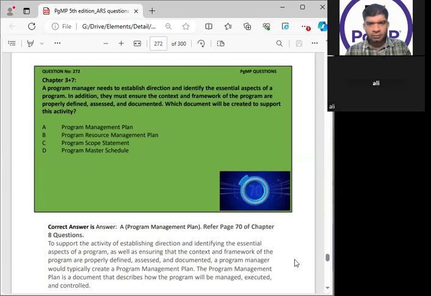These two words are the main focus to establish that the program management plan is the answer, because the framework is the bigger picture, a complete picture. Direction is coming from the bigger picture, a small subset. So my first option always goes to the program management plan. That's why my thought process began there, and then I read it.